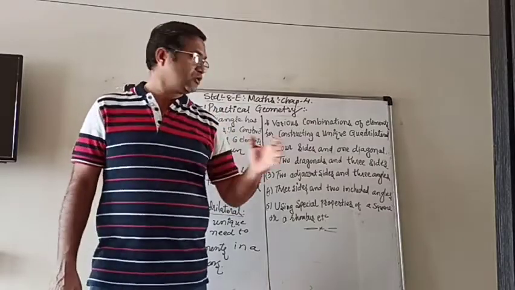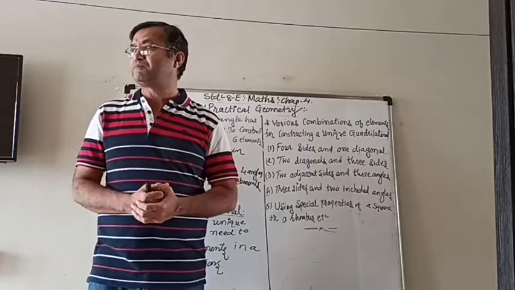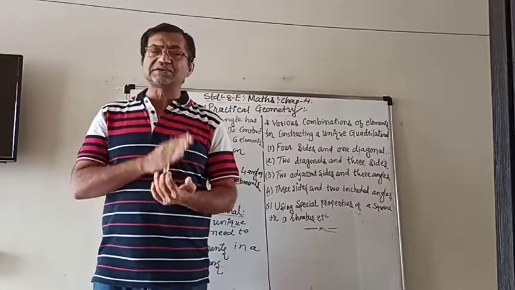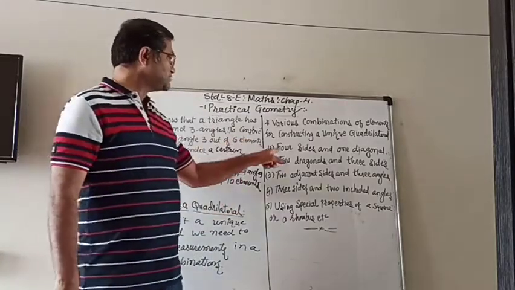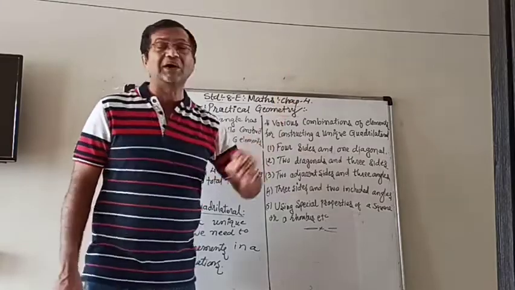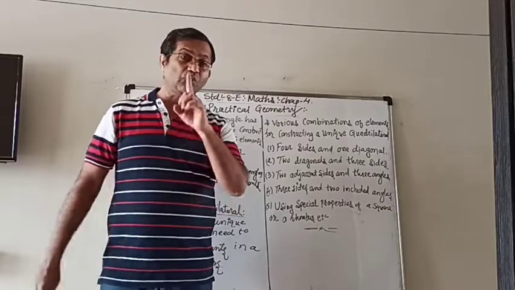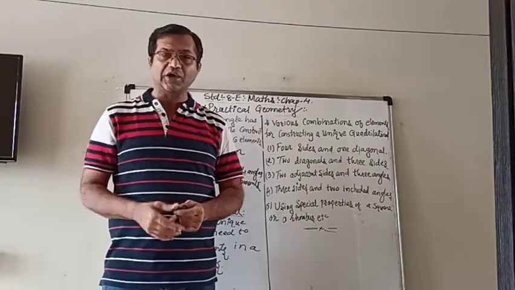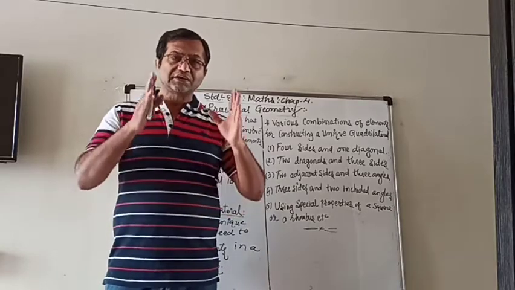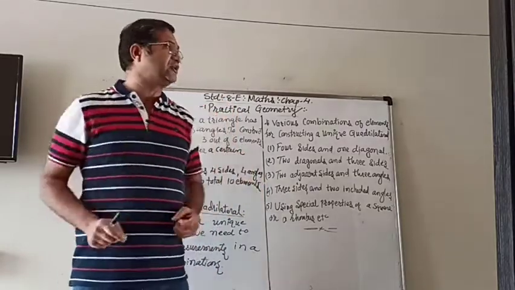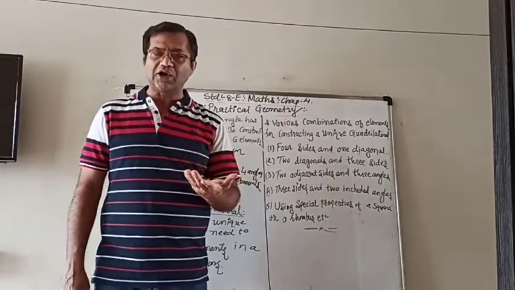We are going to learn about those special combinations, which combinations are given, then and only then can we construct that quadrilateral uniquely. So first of all, 4 sides and 1 diagonal. If all the 4 sides are given along with 1 diagonal, so there are total 5 elements. So in this situation, easily we can construct a quadrilateral uniquely. So first is 4 sides and 1 diagonal. You know the diagonal, what is diagonal?